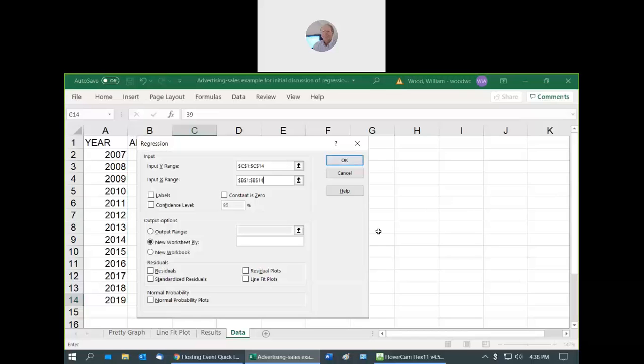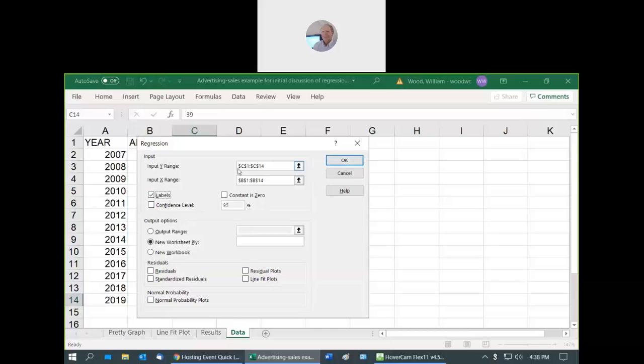And if we just pushed OK here, we would get the regression, but let me show you two tricks that'll save you some time that this student, being a good student, applied. Click labels right there, and that's because in C1 and B1 we have labels, advertising and sales variable names. If you don't do that, you'll get a non-numeric data error.